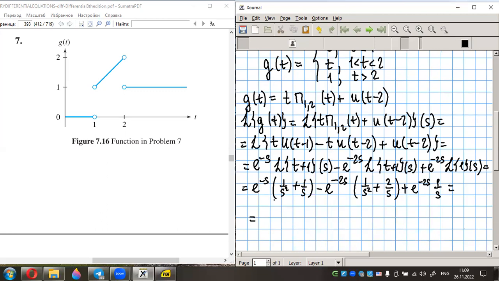Okay, what we have here: e to the minus s minus e to the minus 2s times (s plus 1) over s squared. Is it clear?